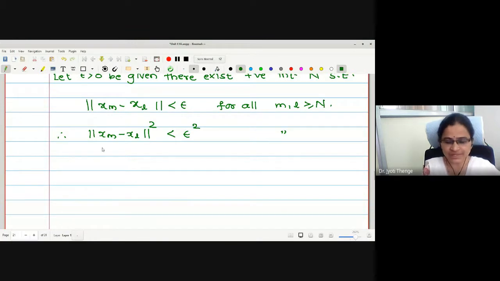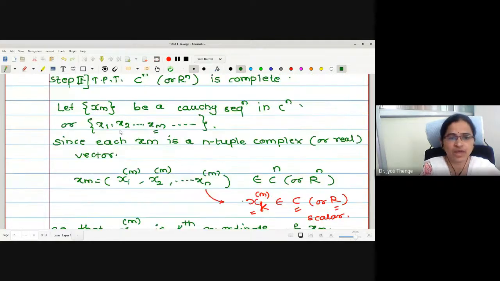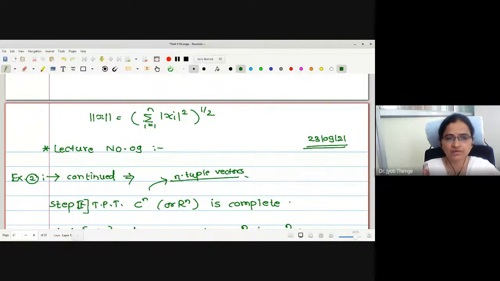Now, what is the definition then? You have to tell me the ith coordinate of this xm minus xl. If the vector x is x1, x2, somewhere here is my ith coordinate xi, to xn, then we were writing a definition like this. You should know the ith coordinate of the corresponding vector in order to write the norm value.